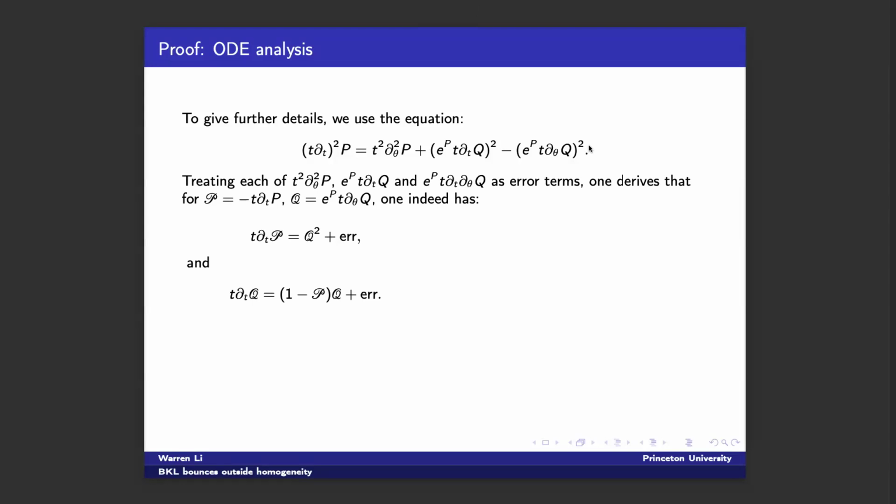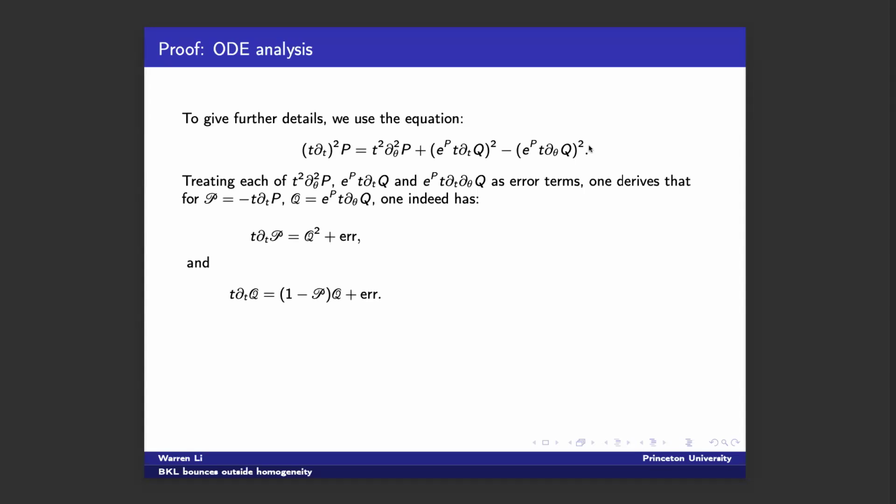So I just get this right hand side here. I'm treating that as an error term, but also treating that as an error term. And this now takes this curly q. Good. Okay, so that's t d_t of this curly p.